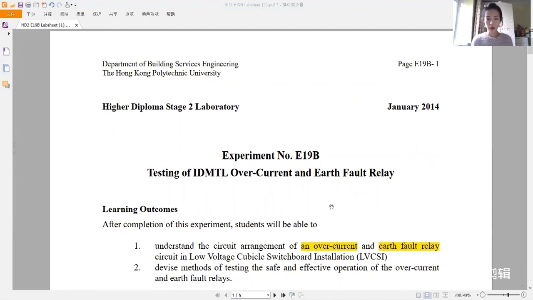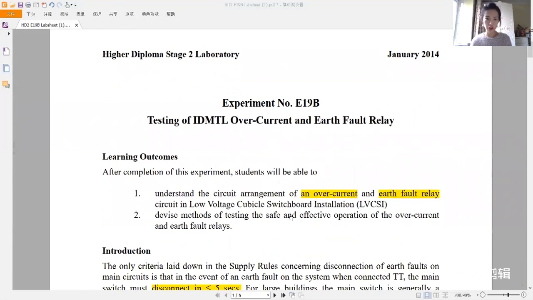In this video, you will see the procedure of this experiment in the lab and also the data collected in the lab to help you finish the lab report. Before the experiment, I will give you a brief introduction. What can we learn from this experiment?